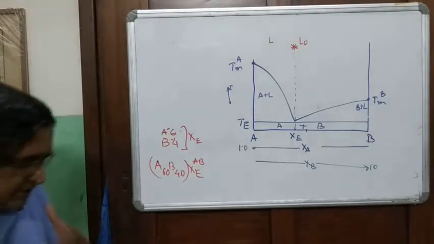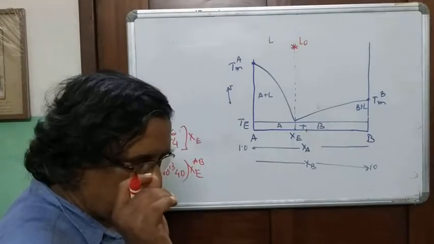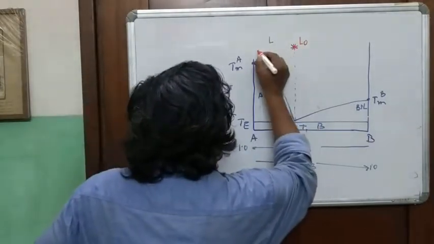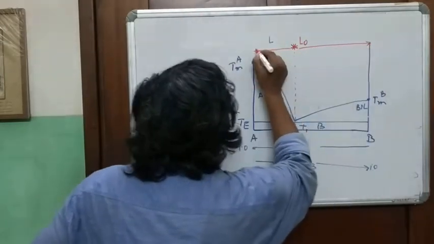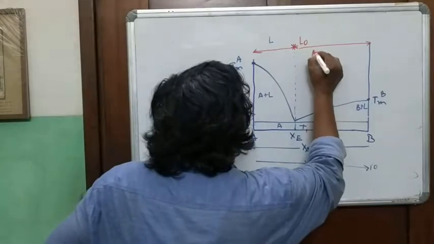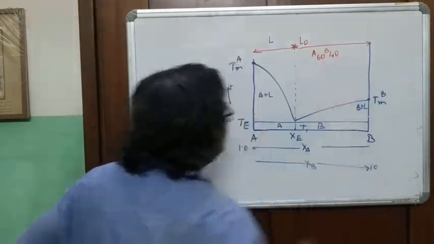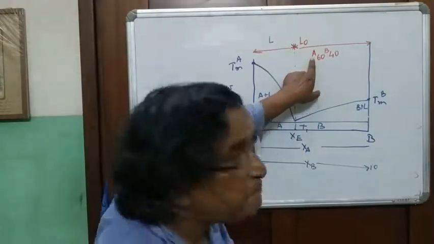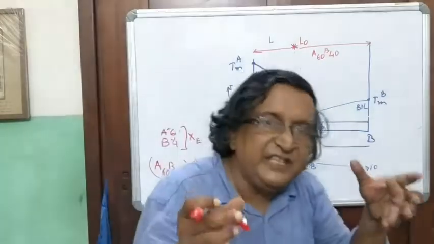Now, interesting here. As I was telling you yesterday, the composition of the liquid is A60, B40. Remember from our earlier discussion, this is A component in the melt, and this is B component in the melt.